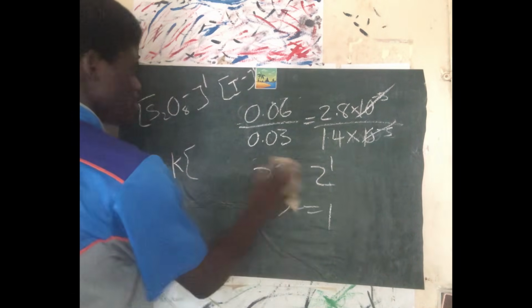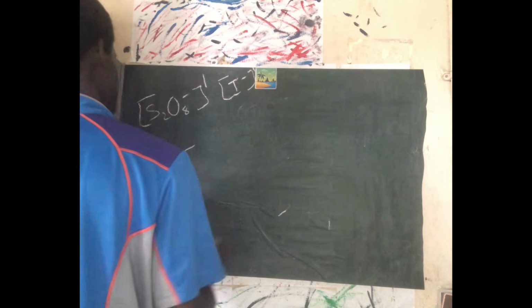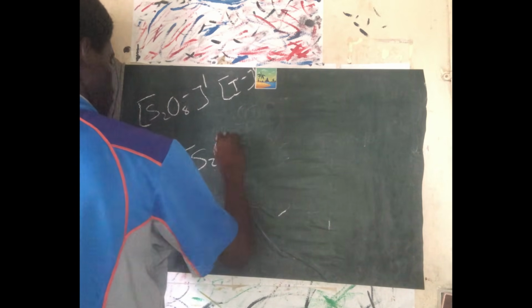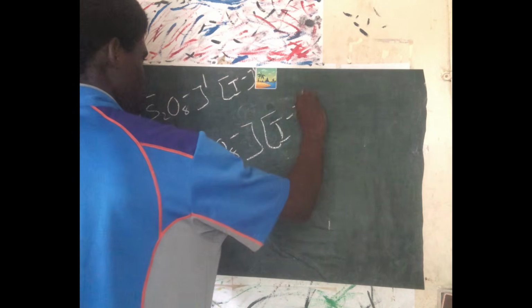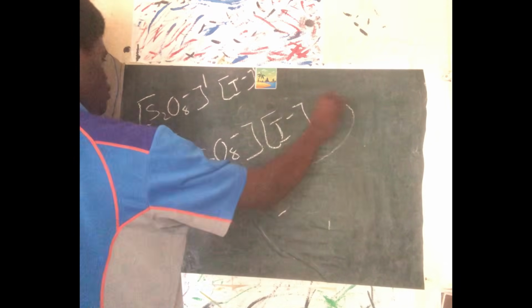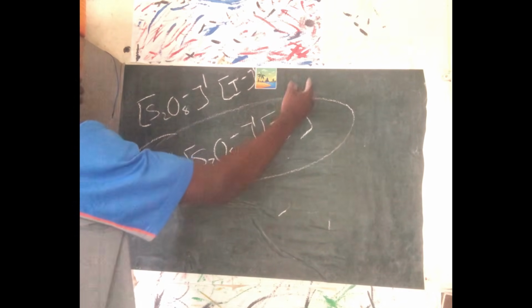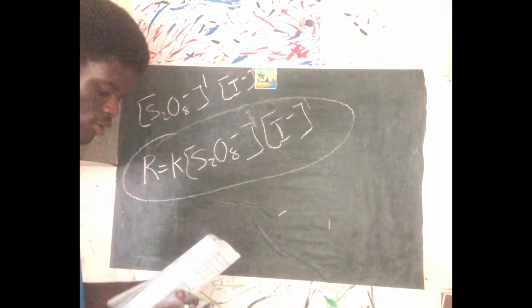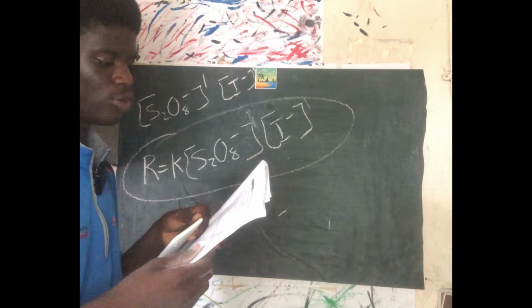Since everything is in first order, everything will be raised to power 1. That's [S2O8 minus][I minus]. That's our rate law. Since everything is in first order, and anything raised to power 1 is still that stuff, from that our answer is option E for question 16.